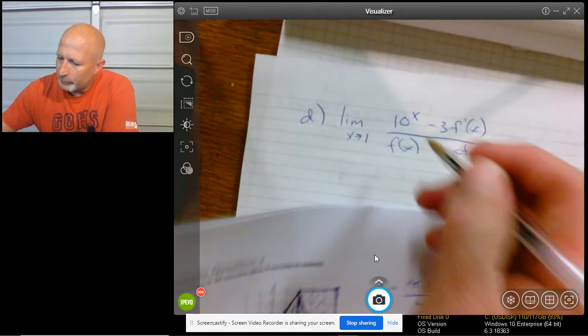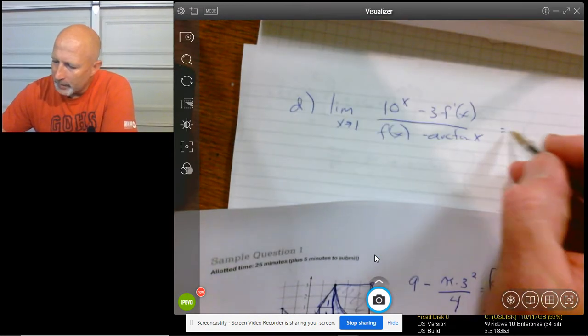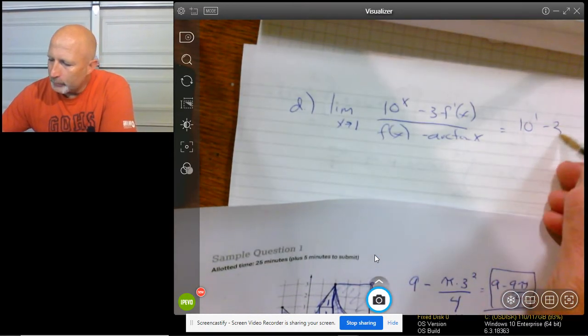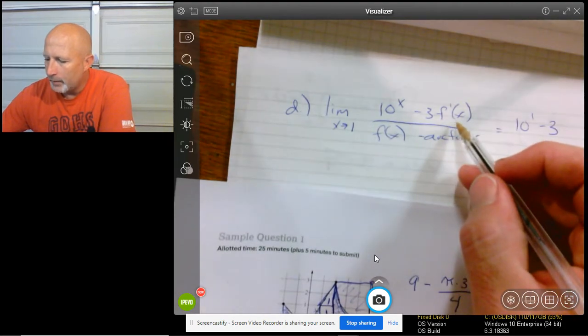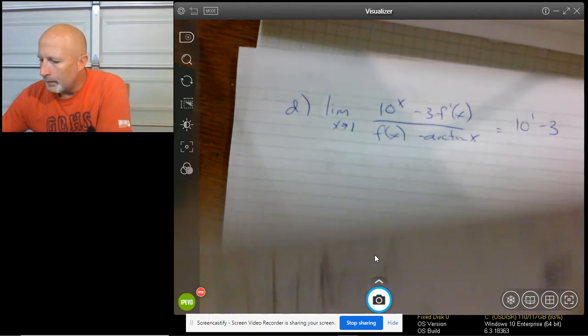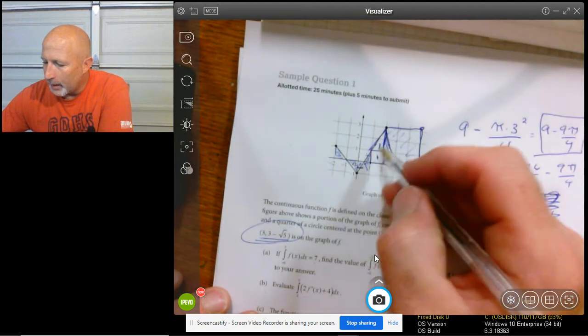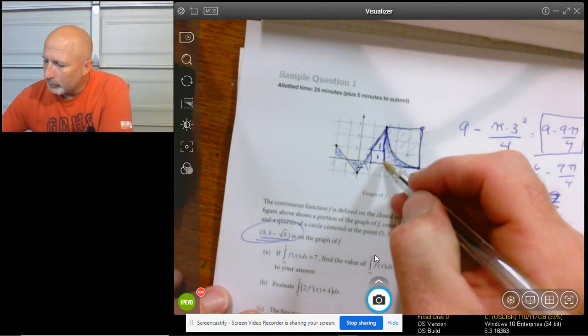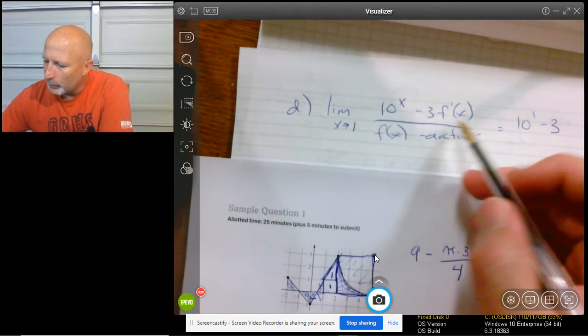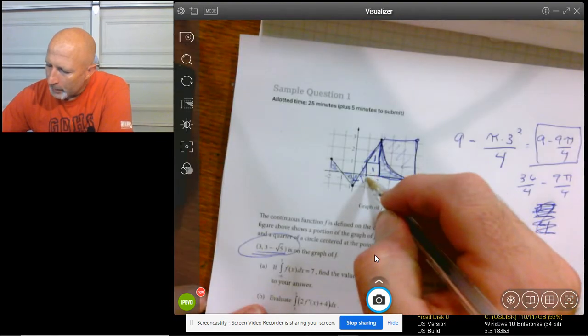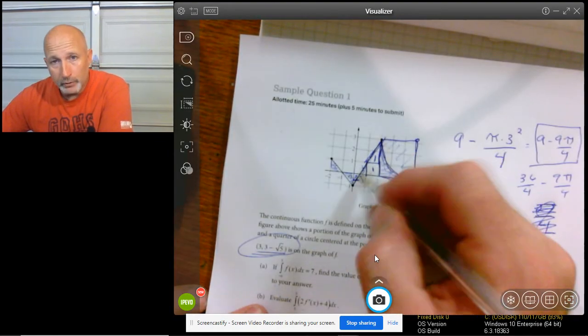Okay, so the first one is 10 to the x, so that's just going to be 10 to the power of 1 minus 3 times the derivative of f of x. Okay, now this is the derivative, this is f of x, and at 1, because I'm plugging in 1, the slope of the tangent line is 2.